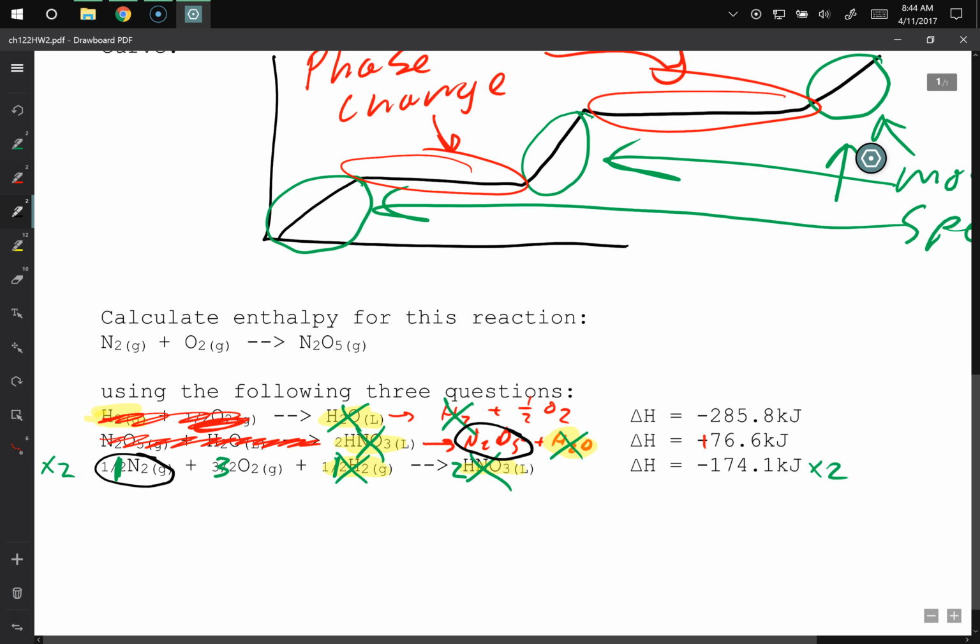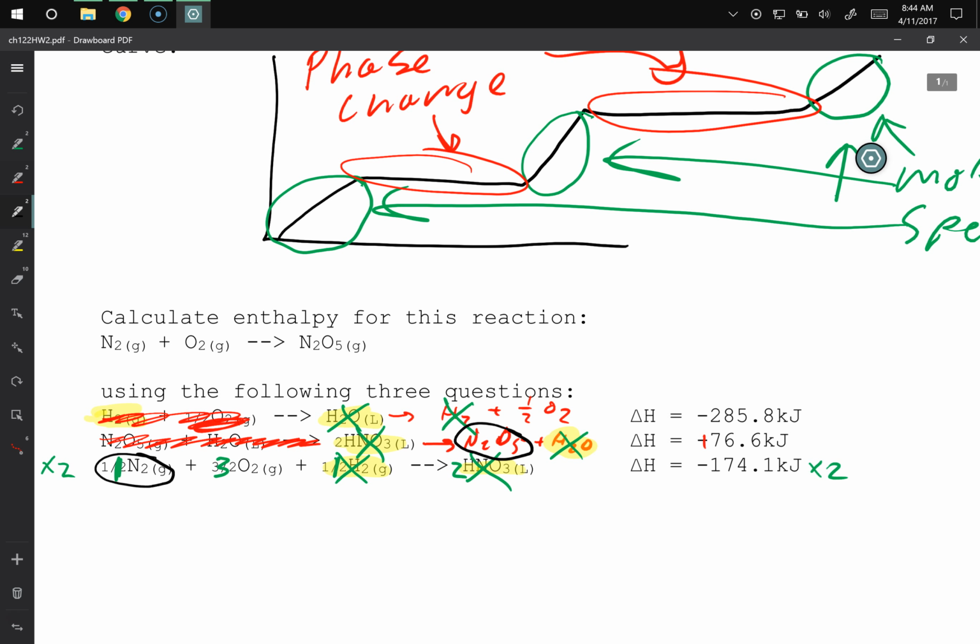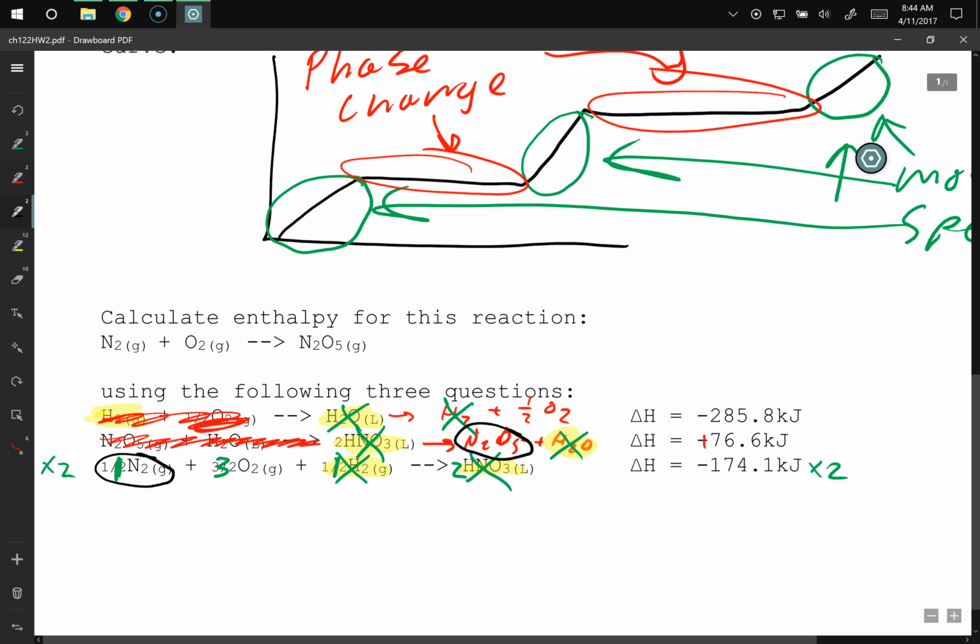So what do we do wrong with this? Because if I cancel out this half here, over here, then I have 2.5 oxygens, which I don't want.